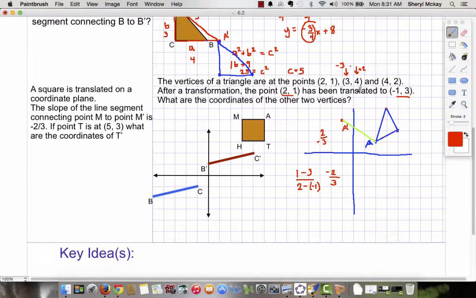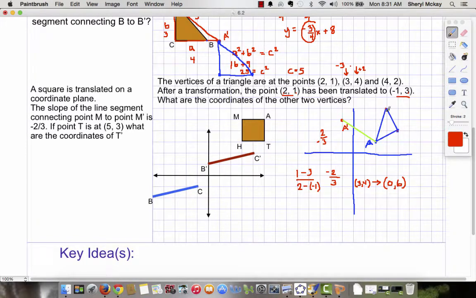All right? So if I take my y and add 2, that becomes a 6. And if I take my 3 and subtract 3, that becomes a 0. So that means this point, (3, 4), translated to (0, 6).